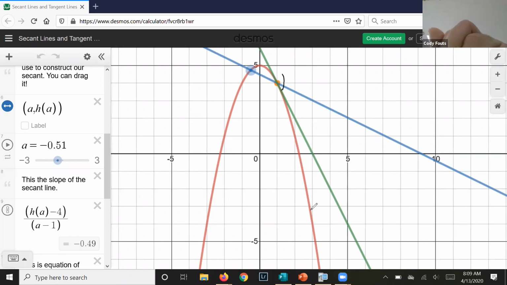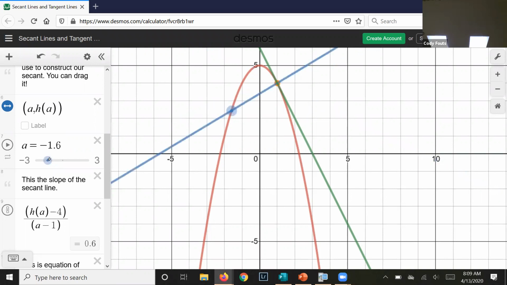We have this point here that is going to be fixed, and we're going to look at what happens as we take this point here and slide it closer to that one. I'm going to back it off a little bit so we can see it easier. If I move that point back, you can really see that it's a secant line.